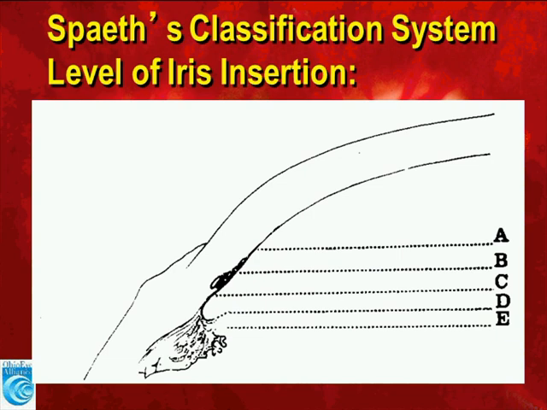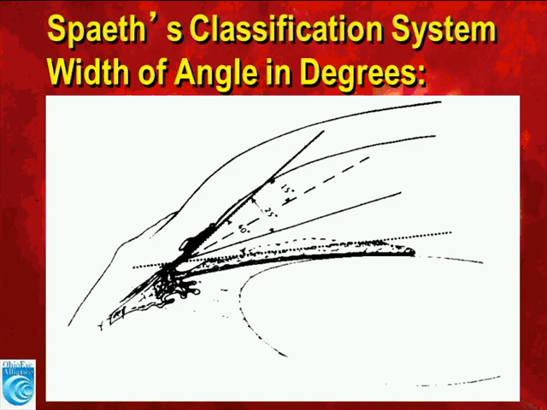Spaeth's classification was designed to try to be a little bit more descriptive about the angle than the Schaefer system. In the Spaeth system, not only do we grade the level of iris insertion as A, Schwalbe's line, B, trabecular meshwork, C, scleral spur, D, ciliary body, and E, iris root, but we also measure degrees in the Spaeth system, and these are degrees between an artificial plane drawn from the peripheral iris to the peripheral cornea.